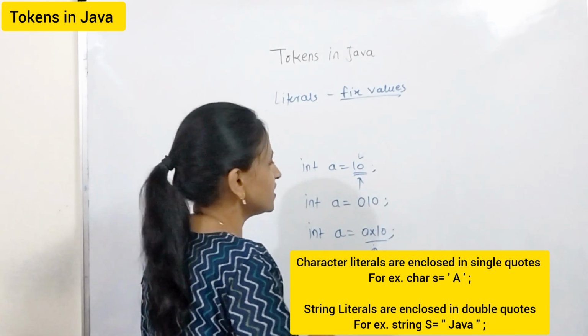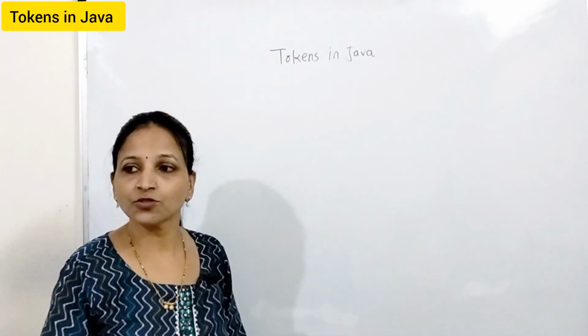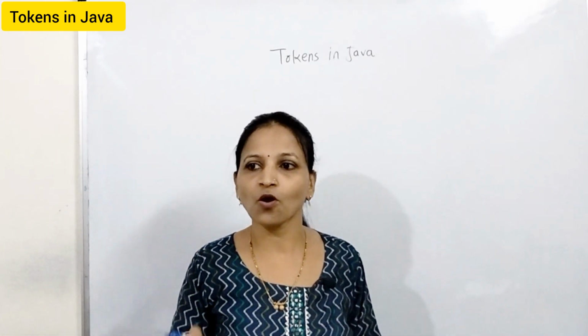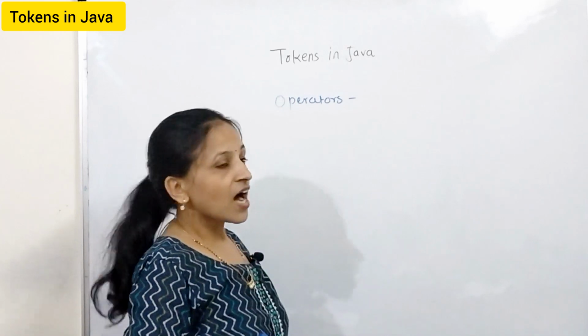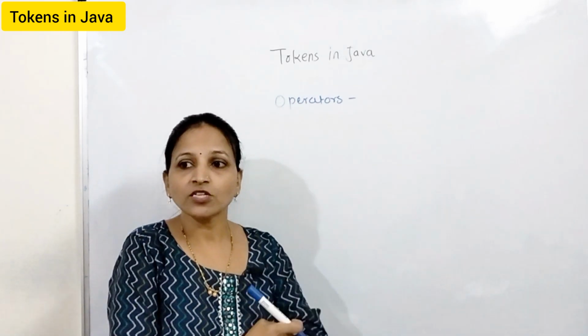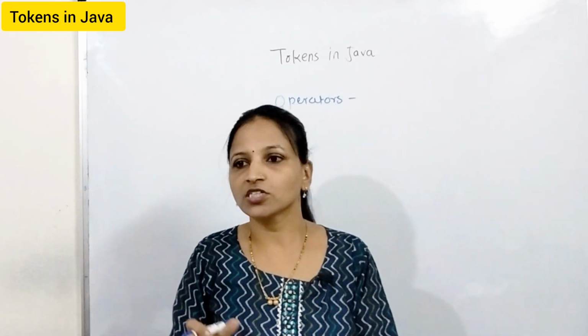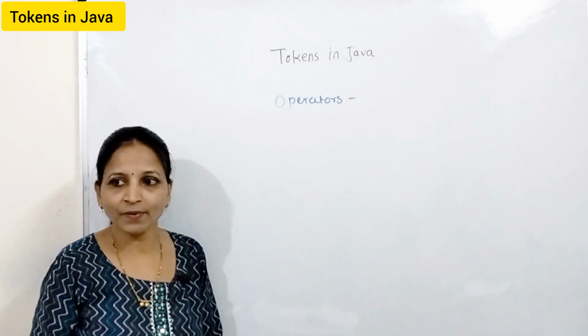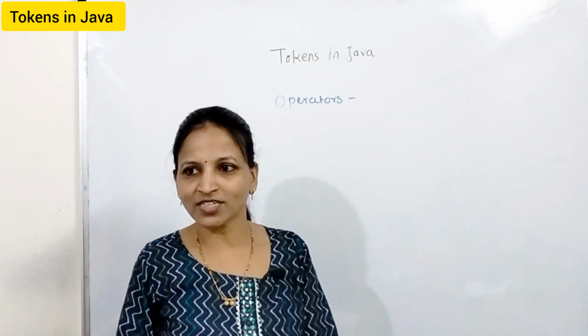Now next after literal there is an operator, a symbol that is used to take any action on operands, mathematical or logical action. Operators are nothing but symbols used to do any mathematical or logical action on operands. For example, arithmetic operators like plus, minus, multiply, divide, modulus.